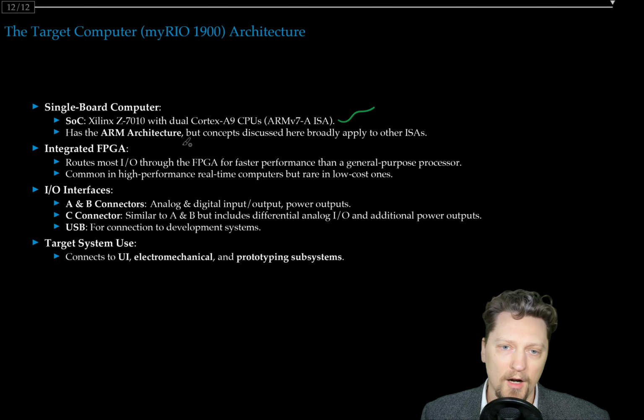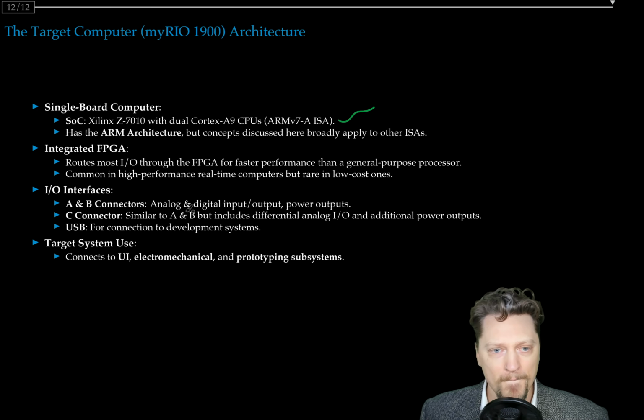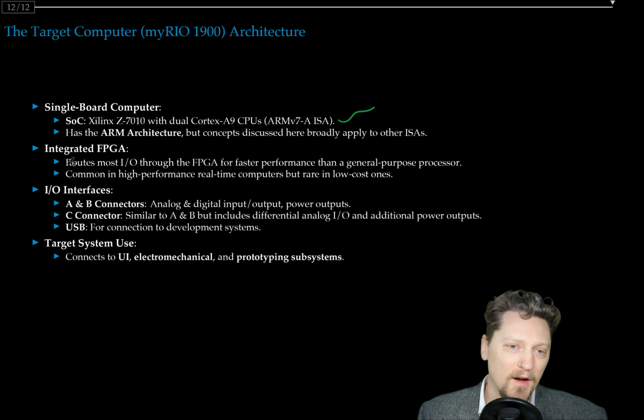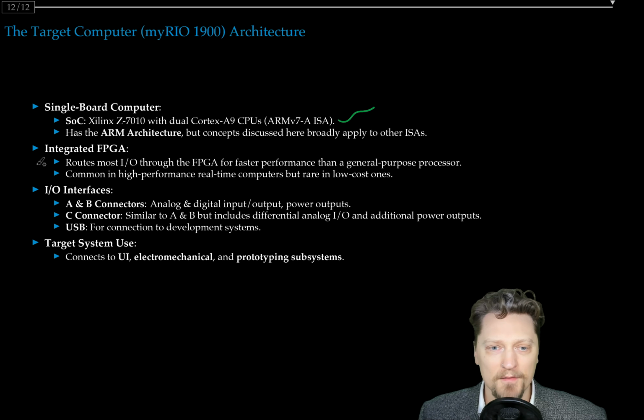It has the ARM architecture, but concepts discussed here broadly apply to other ISAs. It applies to other ARM chips, but many of the concepts we'll discuss will also apply to x86 processors as well. There is an integrated FPGA on the SoC, so it routes most of the input-output through the FPGA for faster performance than a general purpose processor would give us.